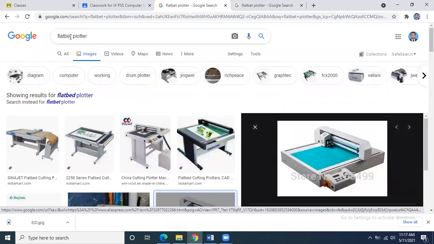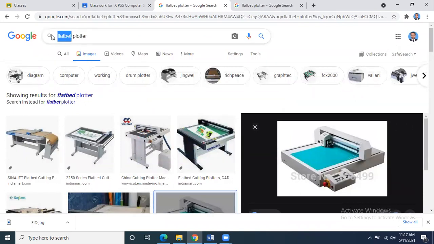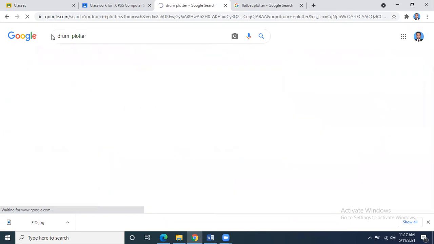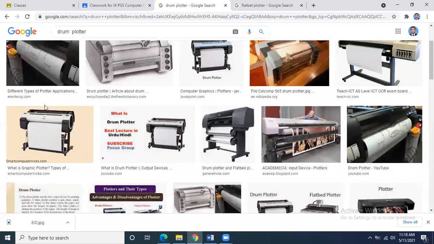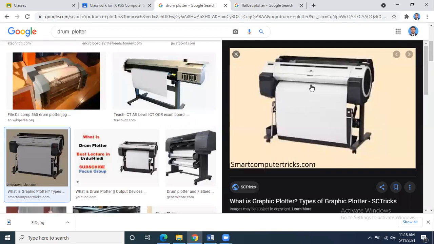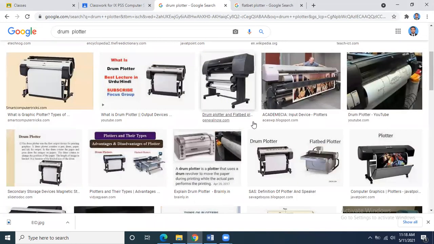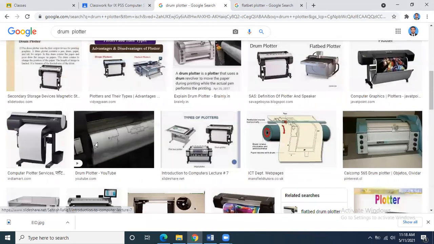And there is another plotter, which is called the drum plotter. In a drum plotter, the sheet goes through the drum and comes out in this way, just like you can see over here in this image. This is called the drum plotter. So both types of plotters are used, drum plotters and flatbed plotters.